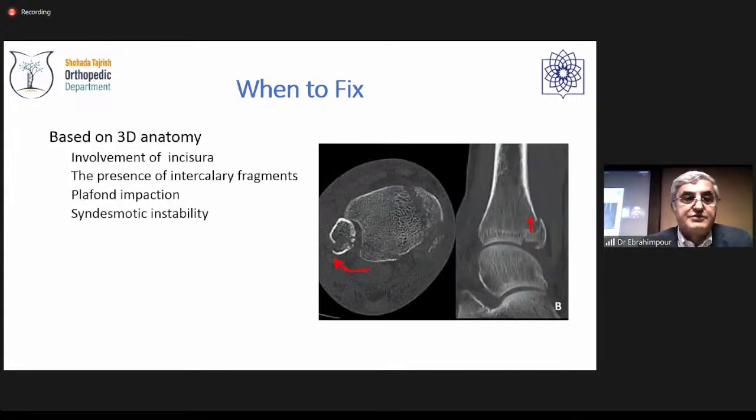But these days we are talking about 3D anatomy, and fixation is indicated when the fracture involves the incisura, or there is an intercalary fragment, plafond impaction, which is very important, and syndesmotic instability.